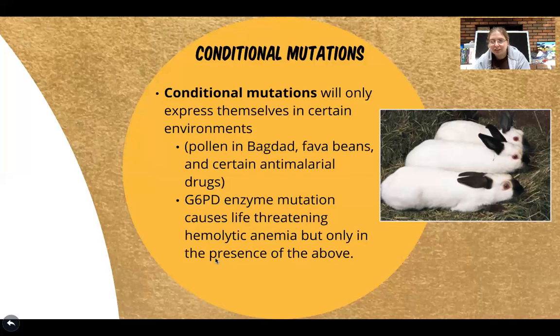So the conditions in which those bunnies are born matter: if it's colder, they'll have the darker sections; if it's warmer, there'll be more of a lighter, grayish color. So again, not all conditional mutations are bad. Look at those cute little bunnies. It's just that certain environmental conditions need to be met in order for those traits to be expressed.